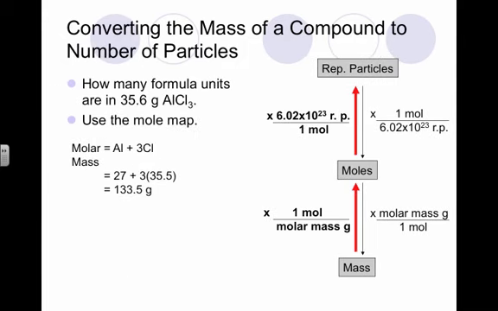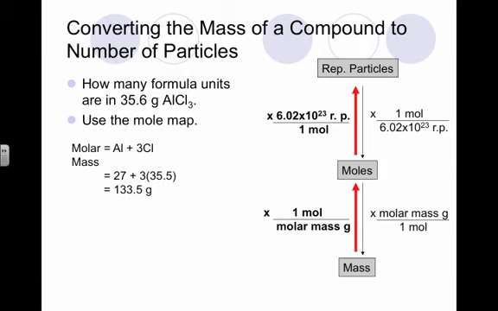So then it's also possible to extend our process. We've gone from mass to moles. We can also find out how many representative particles there are from a given amount of mass. So in the problem here, we've got 35.6 grams of aluminum chloride, and using the mole map, we want to figure out how many representative particles are in 35.6 grams.